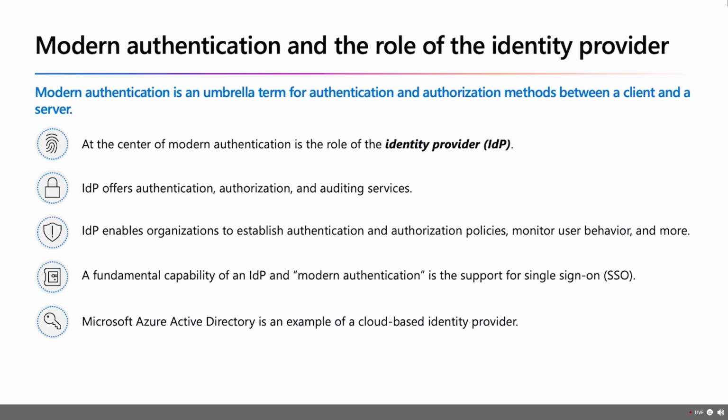When you set up SSO between multiple identity providers, it's called federation. We'll talk about the concept of federation later on. Now, Microsoft Entra ID is a very good example of a cloud identity provider service that we have, and we are going to talk about it in the next module.